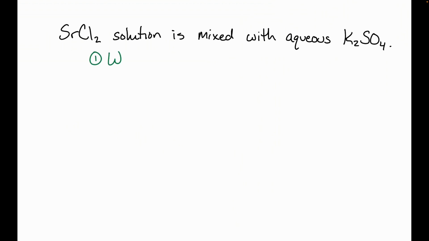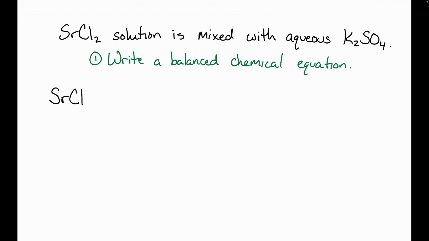Okay, step 1, we need to write a balanced chemical equation. All right, a solution of strontium chloride. So strontium chloride aqueous is mixed with aqueous K2SO4, potassium sulfate. And we should be able to predict the products of these precipitation reactions.